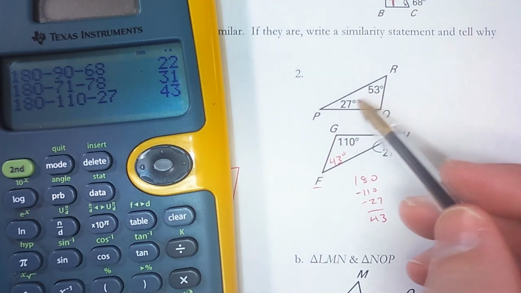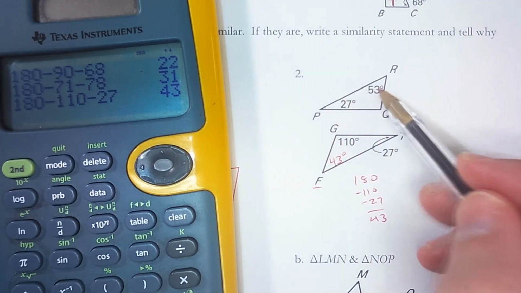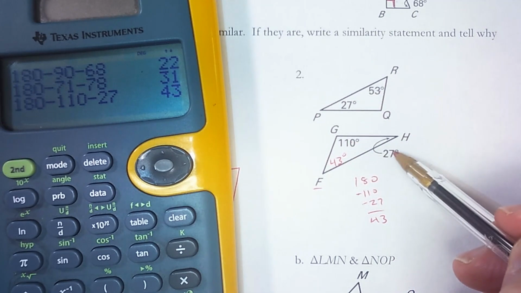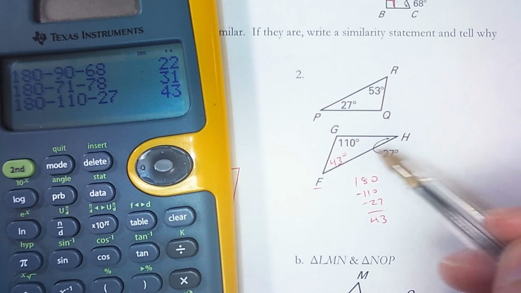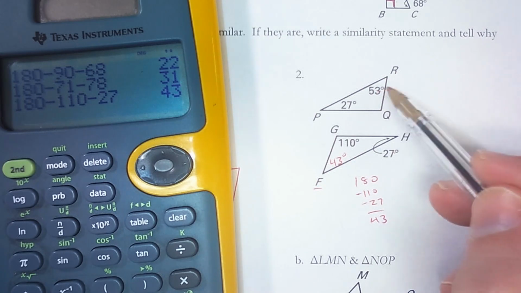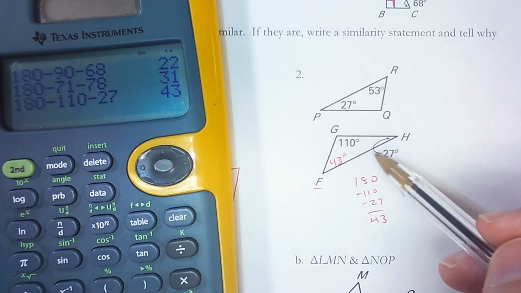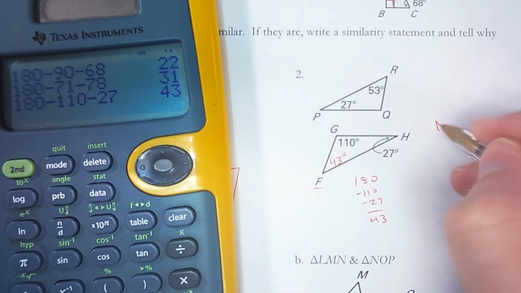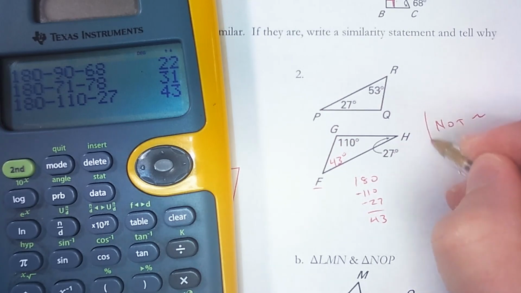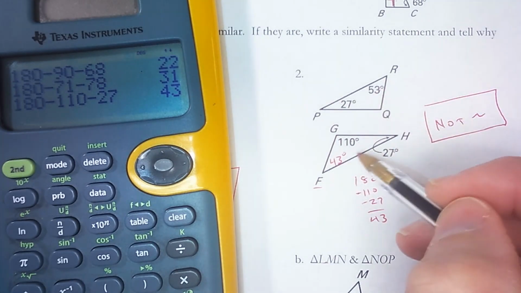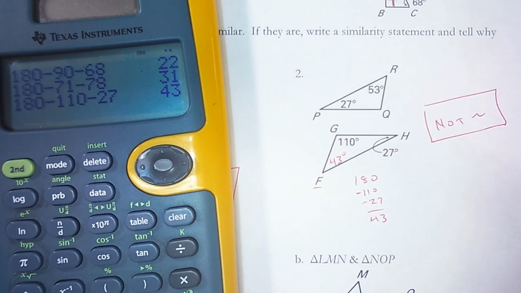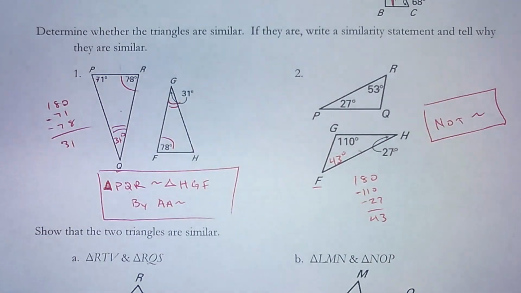So I've got a 27 and a 53, and I've got 110, 43, and 27. This one has a 53. This triangle does not have a 53, so I'm going to have to say these are not similar because this one doesn't have a 53 like that one. All of the angles would have to match, but this triangle does not have a 53, so they are not similar.